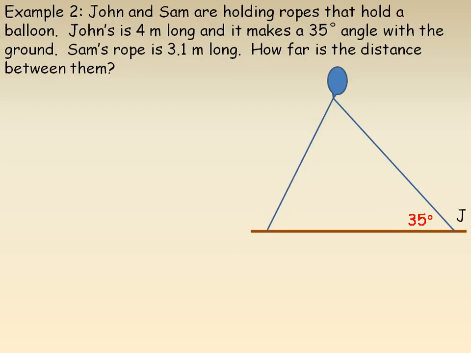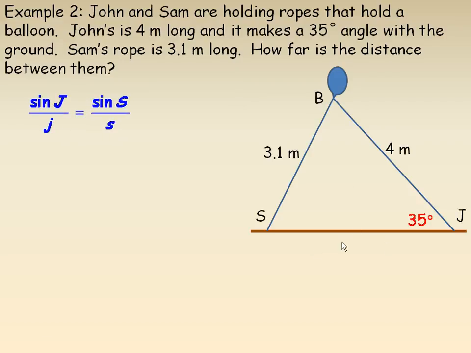Here's Sam's rope, so we'll call that corner of the triangle S, and I'll call the top B for balloon. We'll label the lengths of the ropes that John and Sam are holding, 4 meters and 3.1 meters. We're asked how far the distance between them is, so we're asked to find this side, which we would call side b in the triangle.